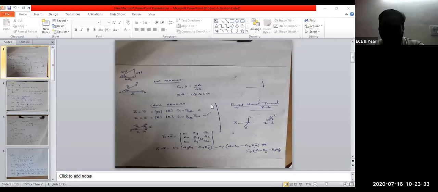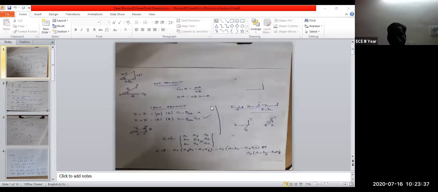So now I think you got very good clarity about dot product and cross product. Then why does the cross product use sine? The resultant of two vectors is along A bar, or along B bar, or perpendicular to both?